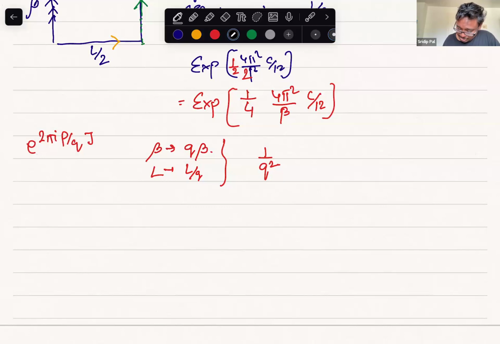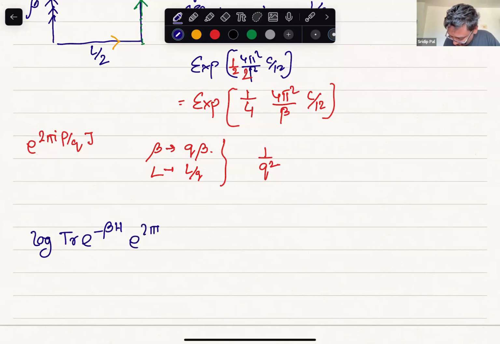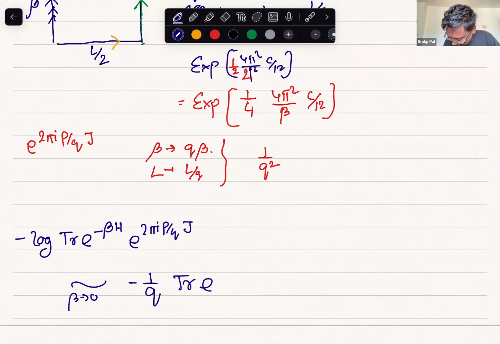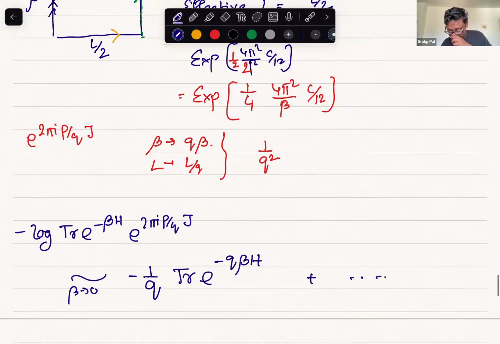So the rule of the game would be the following: log of trace e power minus beta h e power twice pi I p over qj, in the beta going to 0 limit, will behave like -1 over q trace e power minus q beta h, plus some other terms which I will come back to later.